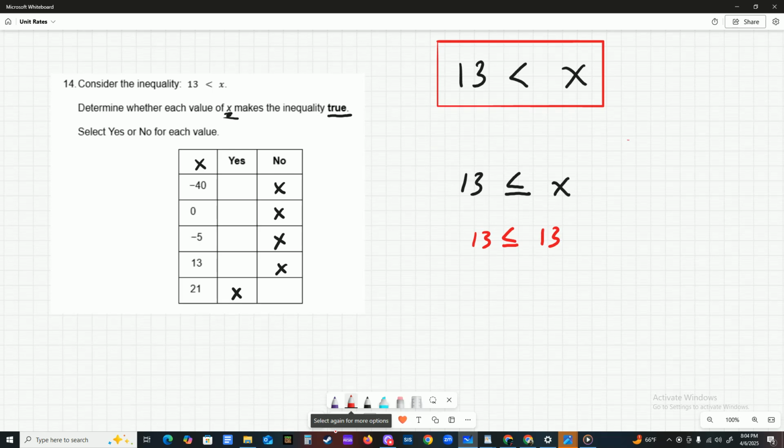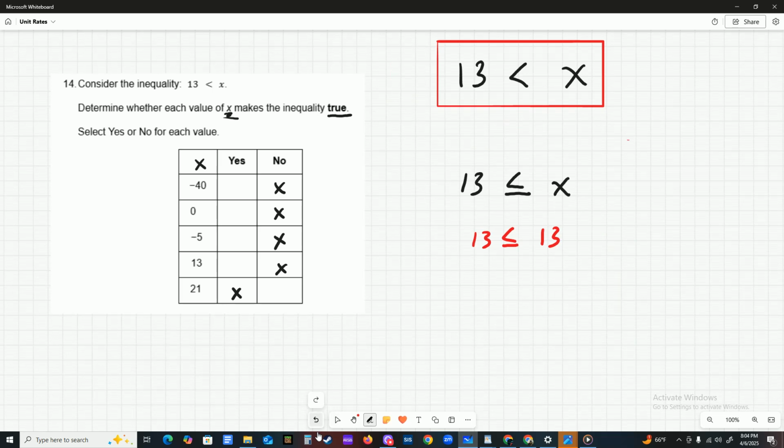Well, it's not less than, but it is equal to. So if we were given this symbol instead of the original one, then this is true. 13 is less than or equal to 13, but we're not, right? So it cannot be less than 13.